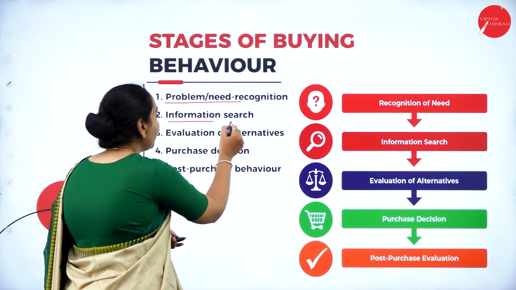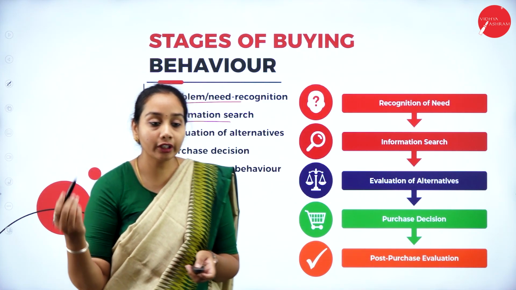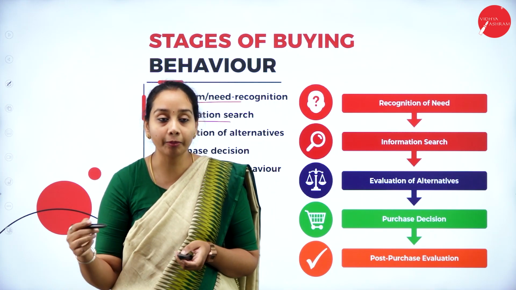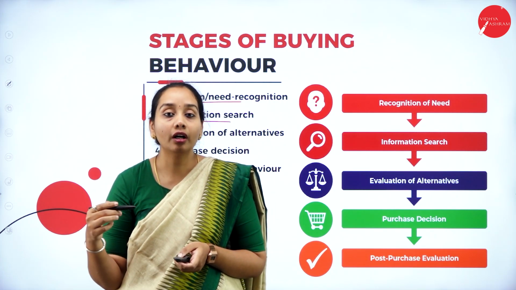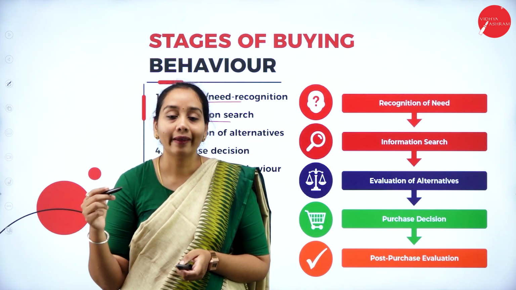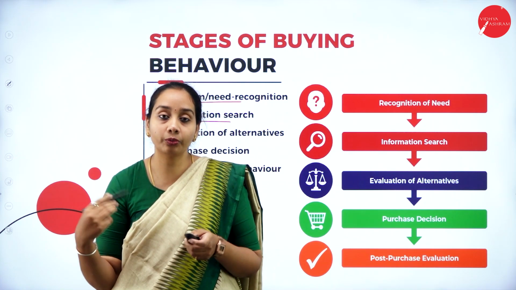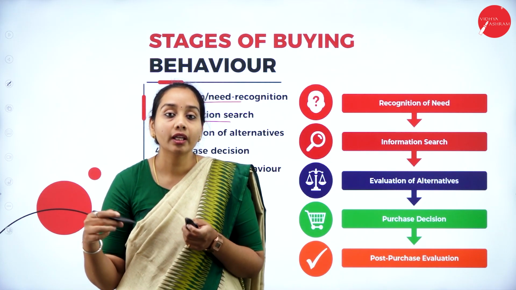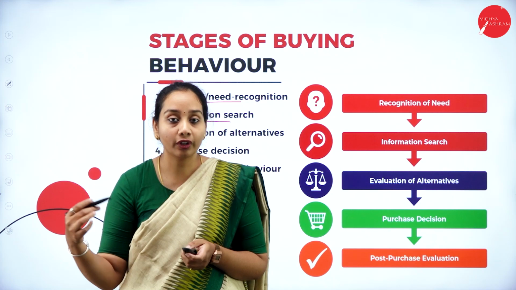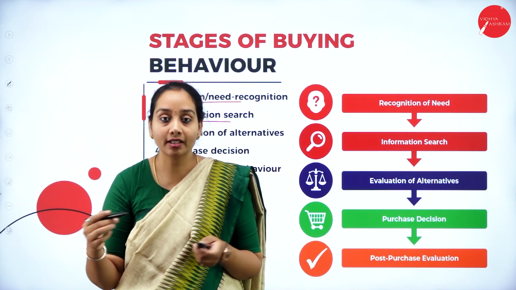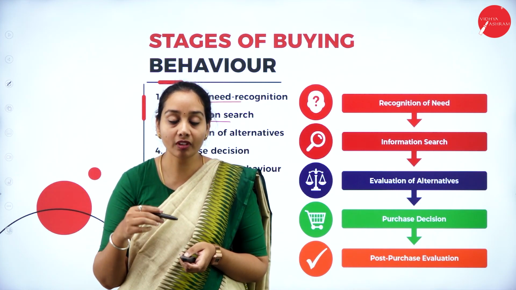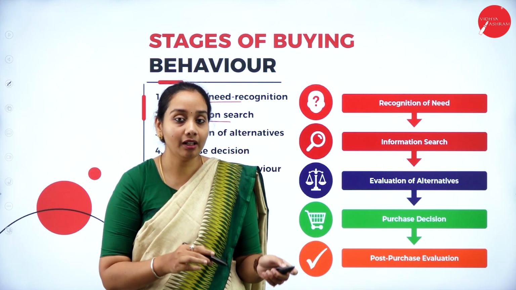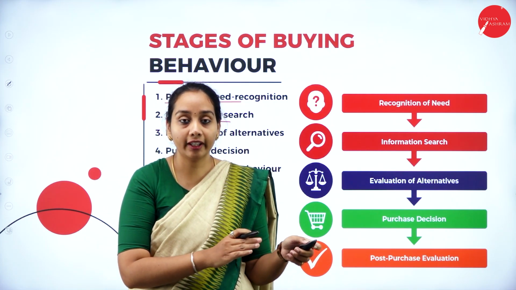Next is information search. After you have decided that you need to buy a vehicle, the next thing a consumer does is research the products available in the market. If you are a male, then you go for gear bikes.